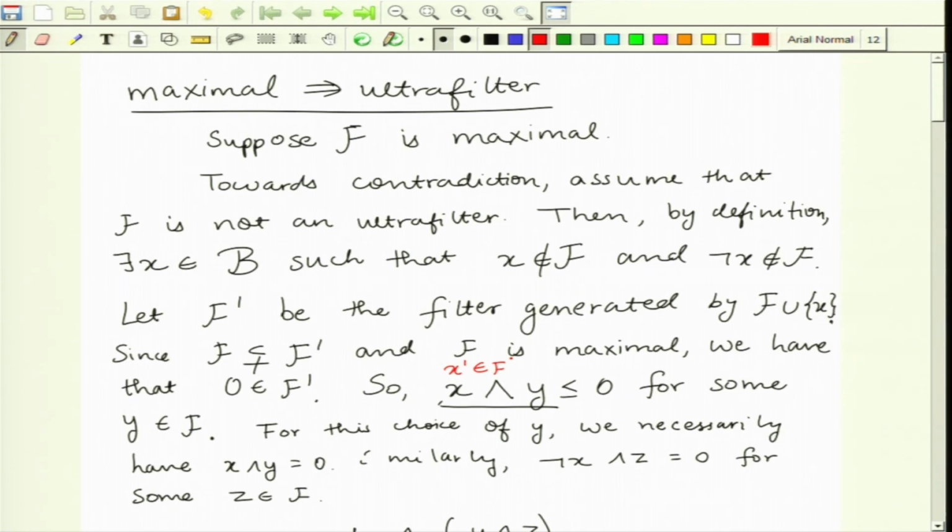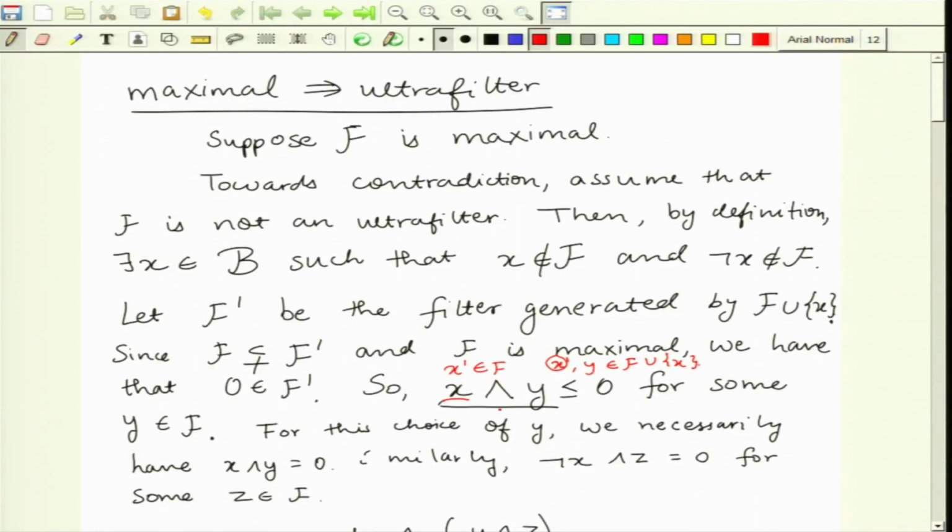No, I'm saying that we know this would be true for some x dash and y belonging to F union the singleton x. Now I'm saying that we can choose this x dash to be x itself, because if both of them were from F and not equal to x, then we would land inside an element of F itself by the definition of a filter. And so one of the elements in the meet is x, the other one is y.